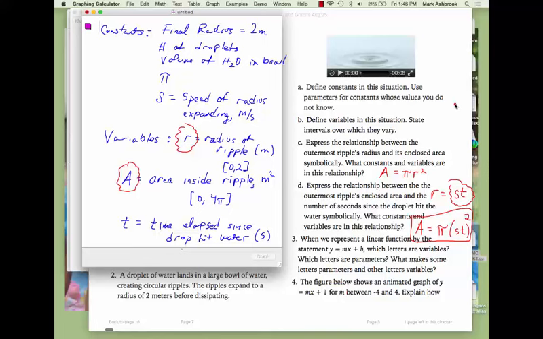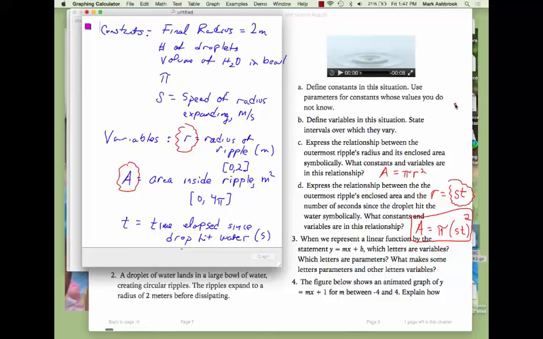Okay, so it's simply a matter of going to each symbol and saying, does that represent a quantity that will change, will take on many values, or will that quantity keep the same value in our given situation? So A is a variable, it changes. As time goes by, the area gets larger. Pi is a constant.